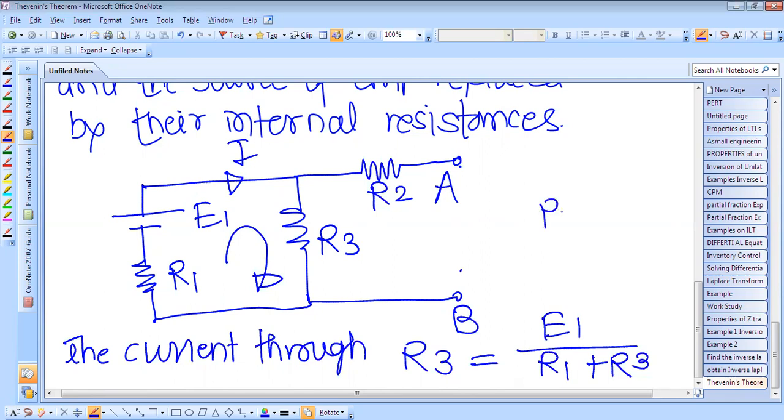Potential difference is nothing but the voltage into current. What is the current flowing through this? Current is E1 divided by R1 plus R3. This is the current, into what is the resistance of this? It is R3. So this is the potential difference across R3.